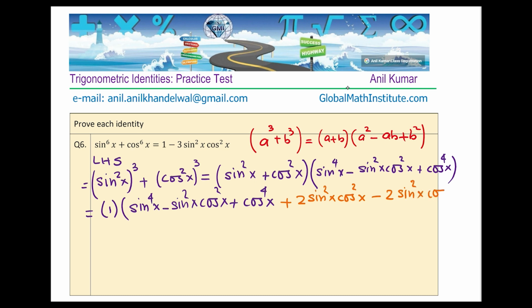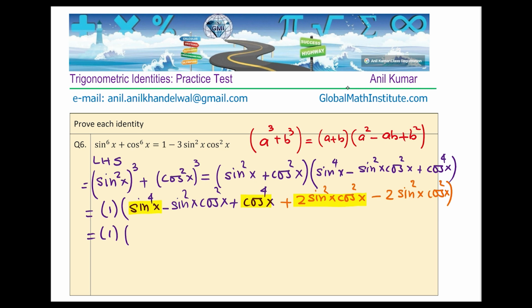Same term is being added and subtracted, so we are not changing the expression, right? But it helps us, since now you can see that we can actually combine these terms, and using these three terms, what can we write?